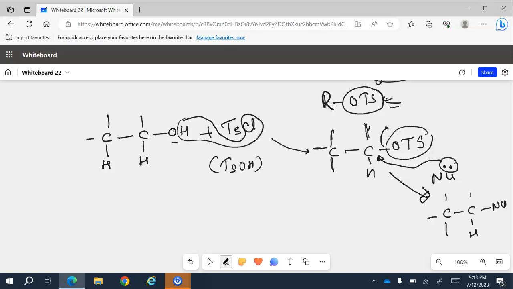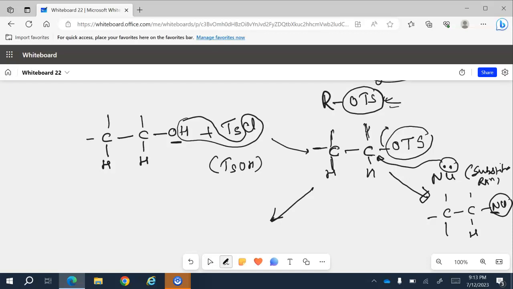See, the OTs group is now replaced by the nucleophile. Or if you have the hydrogen on the beta carbon, again this is the alpha because there is a leaving group, this is the beta, you can do elimination. You have studied substitution in your Orgo 1, and it can give a variety of substitution products.